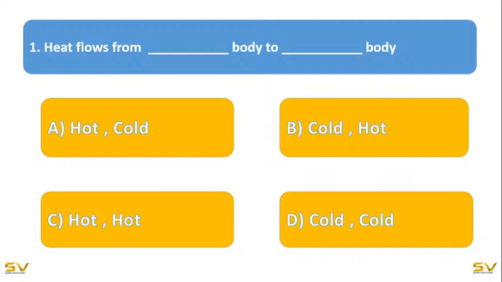So what is the correct answer here? Is it hot body to cold body, or cold body to hot body, or hot body to hot body, or cold body to cold body? Which is the correct option for this?